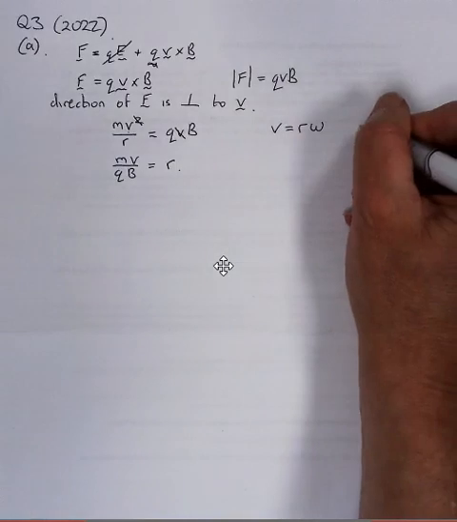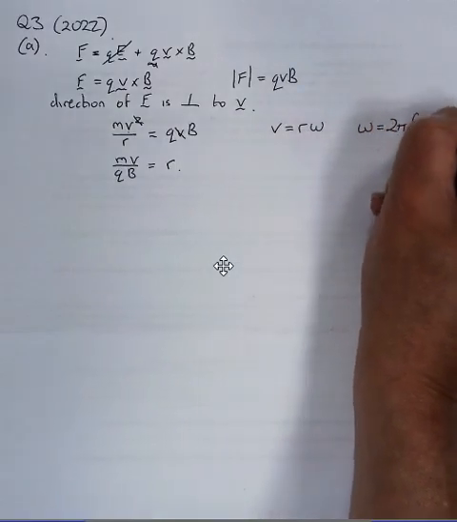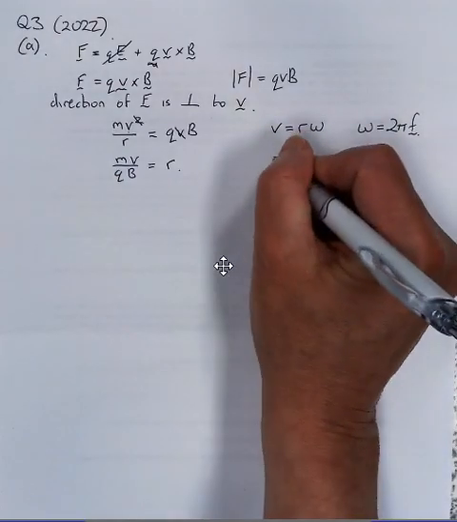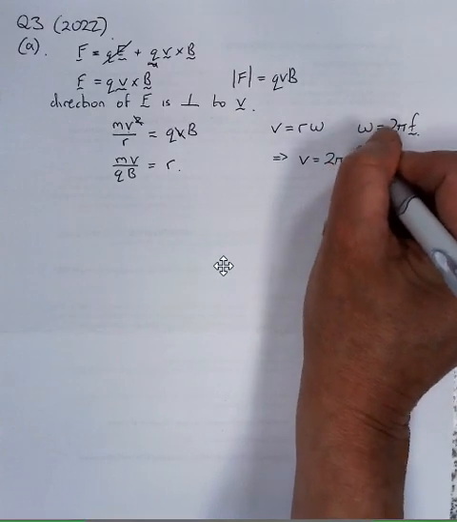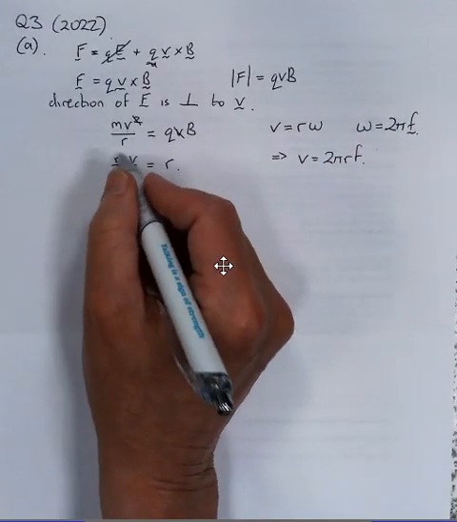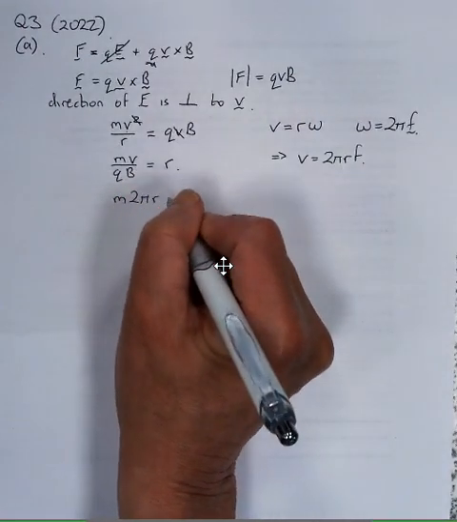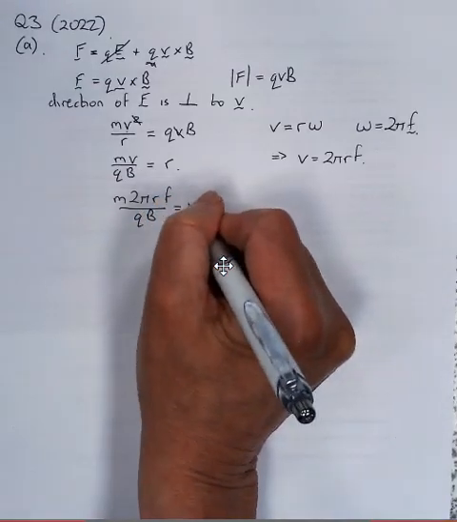And remember that omega equals 2 pi f, and it's f we're asked for in this question. So I'm going to replace v by 2 pi rf in here. So m 2 pi rf over qB equals r.